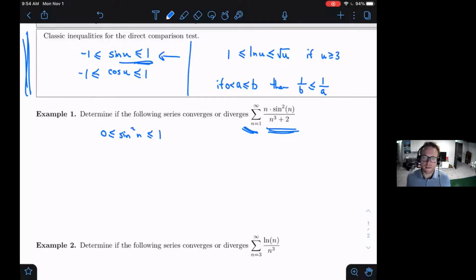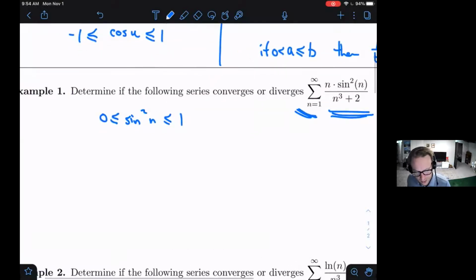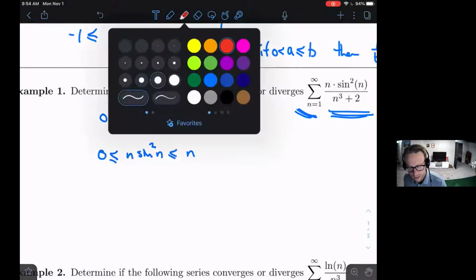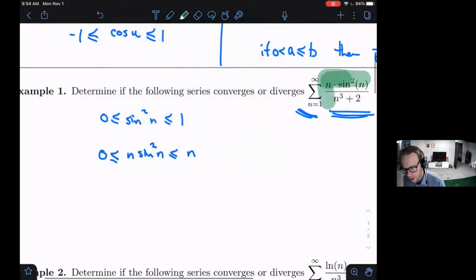Let's go ahead and multiply by n on all sides. So 0 times anything is 0, and then we're going to have n sine squared n less than or equal to n. And then finally, my whole goal with this is that I'm trying to recreate the terms that I have in my series here.